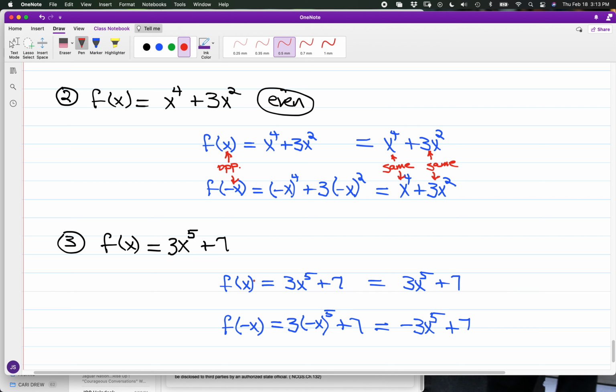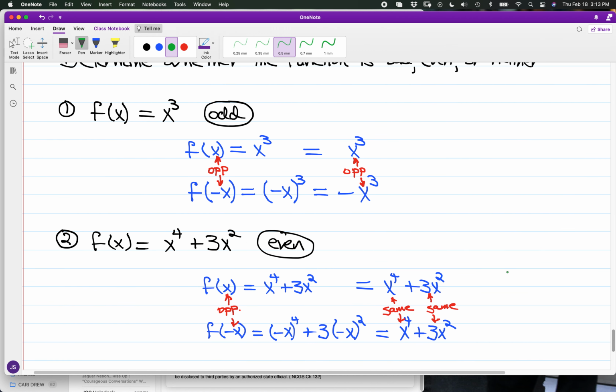Again, the inputs are opposite. And if you notice, you have 3x to the fifth and minus 3x to the fifth. Those are opposite signs. But with 7 and 7, those happen to be the same. If the function is to be odd, you start out with opposite sign inputs and the output must be opposite sign.